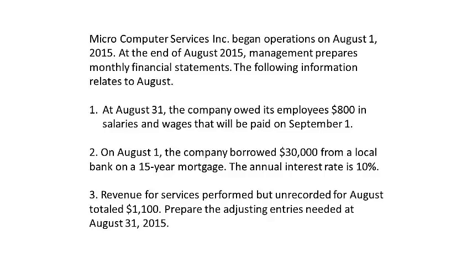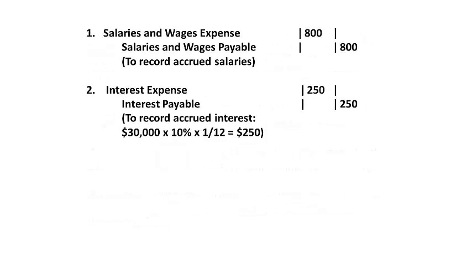So we need to do a little calculation here. They have a $30,000 loan outstanding at an interest rate of 10%, which means that they will pay $3,000 per year in interest on this loan. But only 1 month has gone by, so they're only obligated to the bank for 1 month worth of interest.